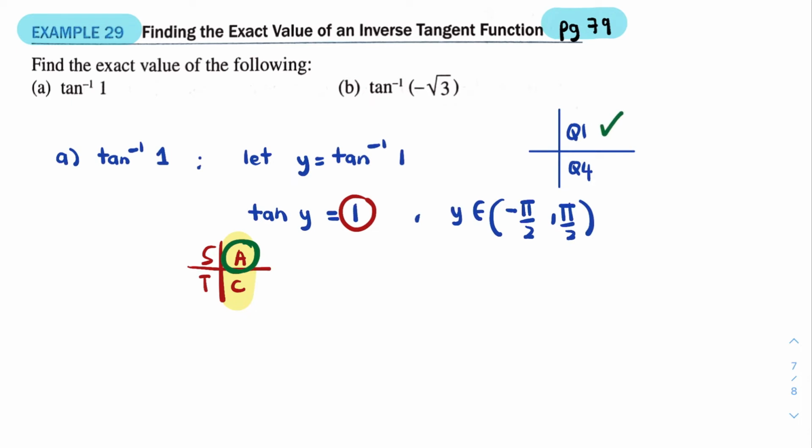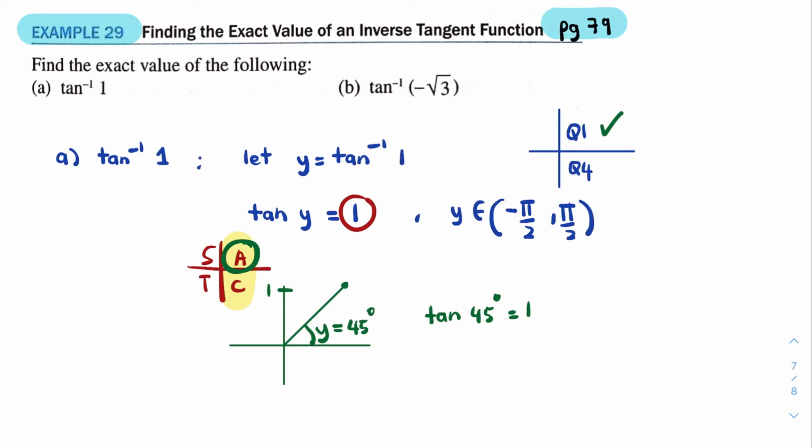So since it's quadrant 1, where does your angle fall, the angle y that is going to give you 1? If you look at your special angle, this one gives you the angle of 45 degrees, which says that tangent 45 is equal to 1.